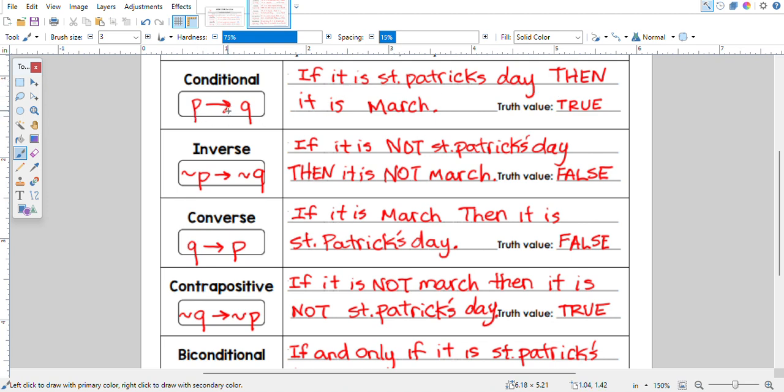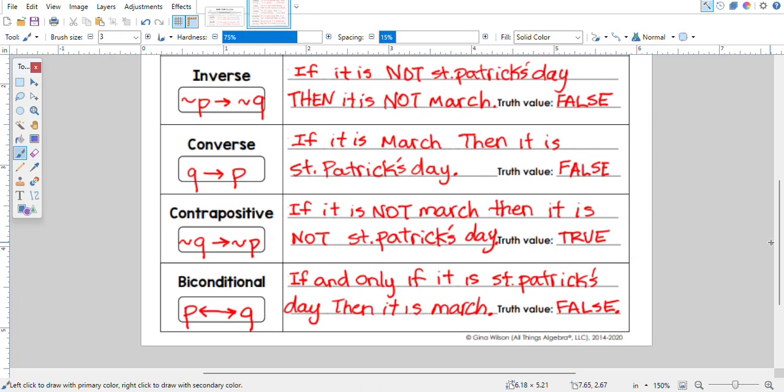If P, then Q. That arrow means then. If not P, then not Q. If Q, then P. The order that we are writing these in is completely relevant. If not Q, then not P. If and only if P, then Q. And it has to be the other way too. If and only if Q, then P.